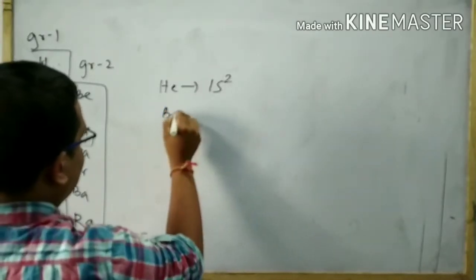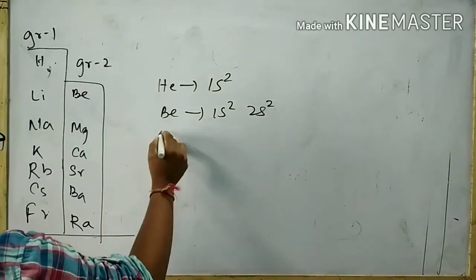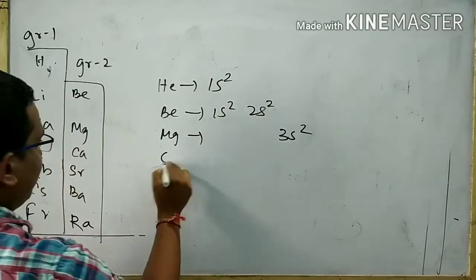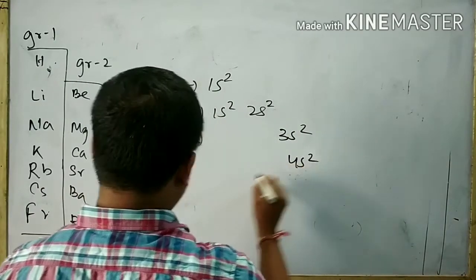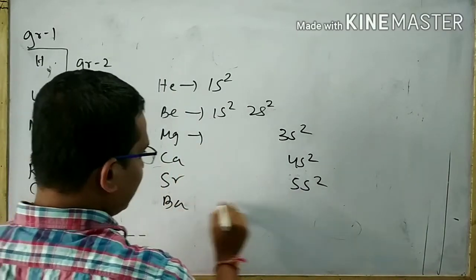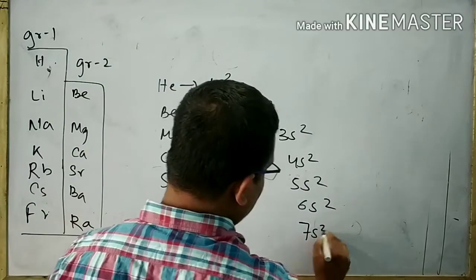Next for beryllium it is 1s2, 2s2. Next for magnesium, that is 3s2. Next for calcium, 4s2. Strontium, 5s2. Barium, 6s2. Radium, that is 7s2.